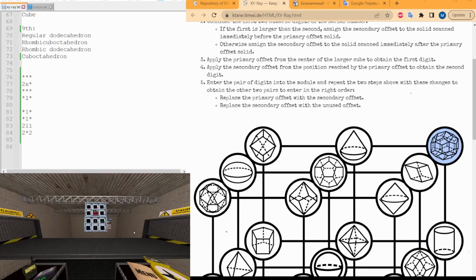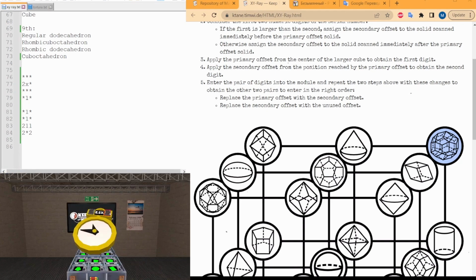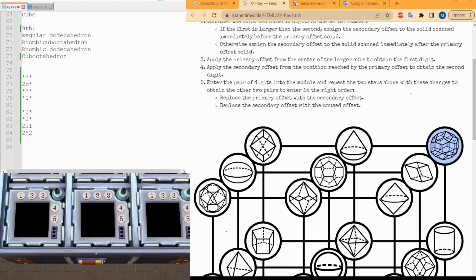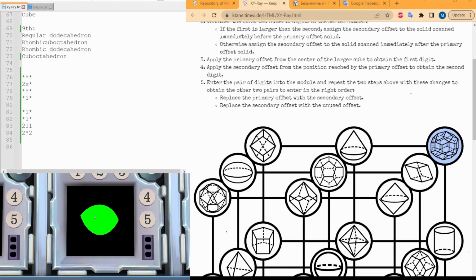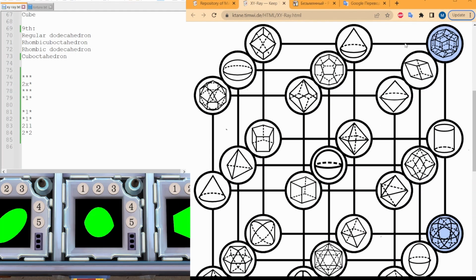And we need to wait again. Okay. Actually, I believe there are 2 shapes on this module that have vertices connected to 5 things. This one and the next one. So let's identify them.